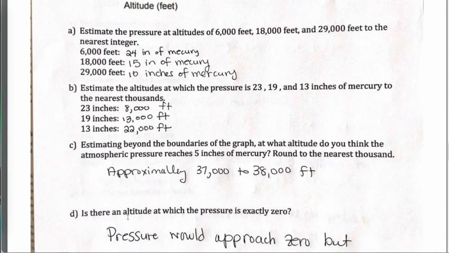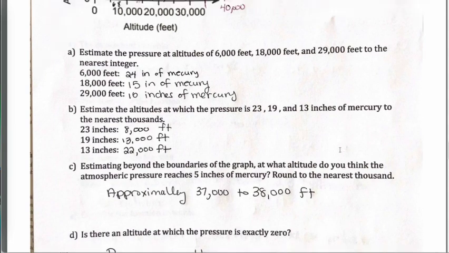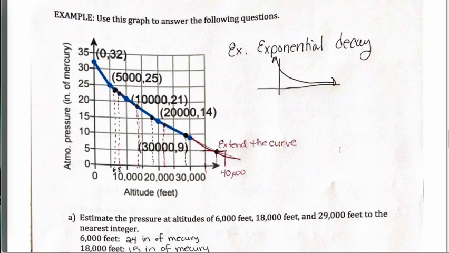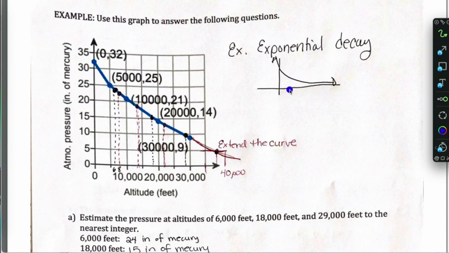Part D says, is there an altitude at which the pressure is exactly zero? When we talk about exponential decay, and we'll talk about this more in depth in the last section of the class, when we talk about exponential growth or decay, theoretically, that line or that model is never going to touch the x-axis.